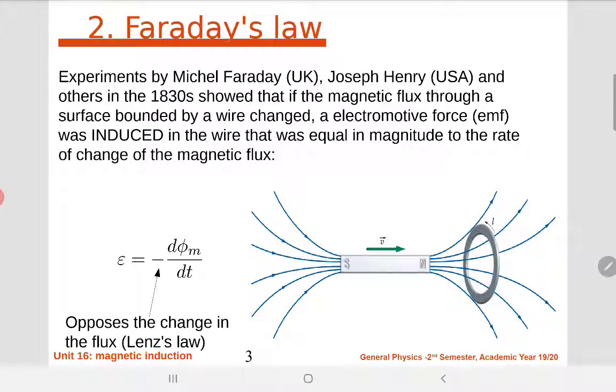Faraday's law comes from experiments that were done in the 1830s by Michael Faraday in the UK and Joseph Henry in the USA, and others. These experiments showed that if the magnetic flux through a surface bounded by a wire changed, in the wire there was an induced electromotive force equal in magnitude to the rate of change of the magnetic flux.